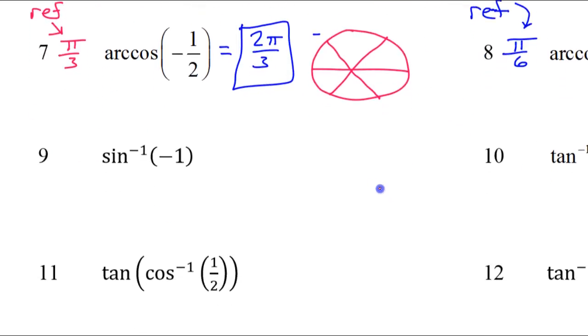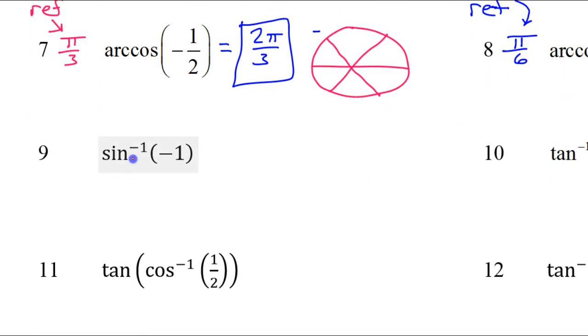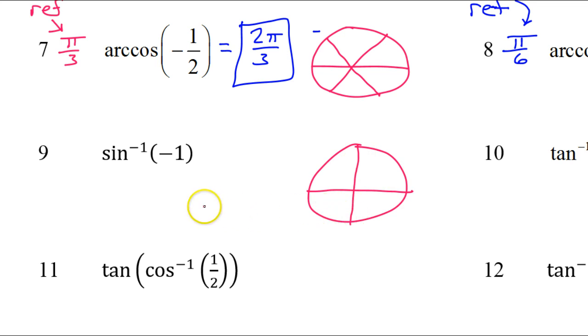Okay, number 9. Inverse sine of negative 1. This is the angle whose sine is negative 1. So what's that going to be? Looking at a diagram, looking for the angle that has a sine of negative 1. Well, on the unit circle, the sine is the y value.